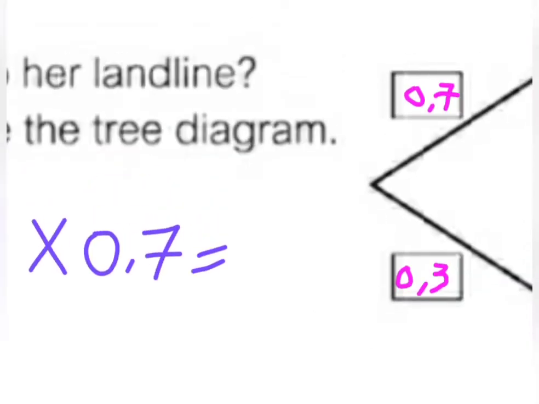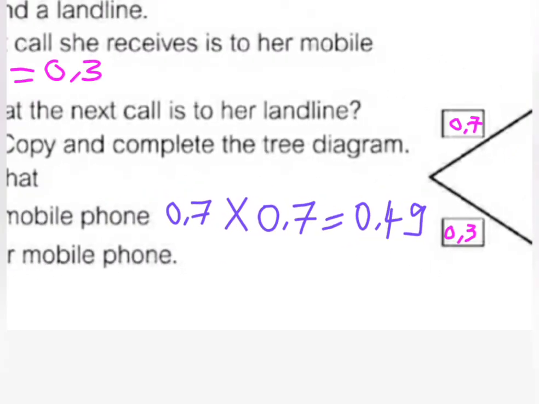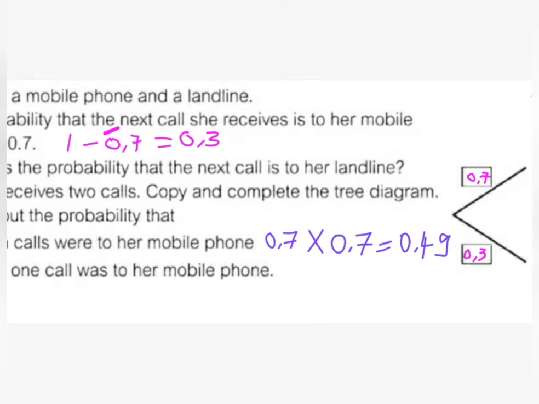So 0.7 multiplied by 0.7. And the answer is 0.49. Now let's go back. So the answer is 0.49, and this is the probability of having 2 calls to her mobile phone.